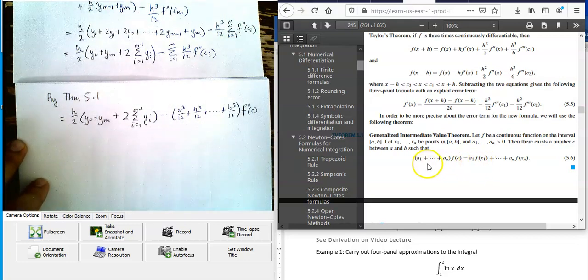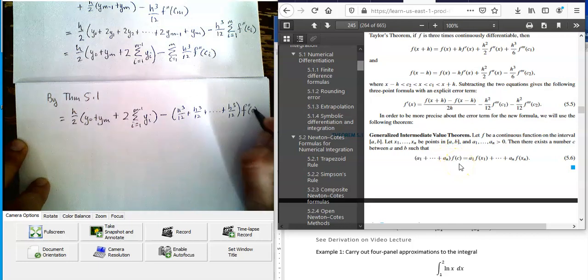So that's basically the side of the equation that we're utilizing. All of our coefficients are h cubed over 12s, and then we evaluate the function, which is the second derivative, at some other c value here.